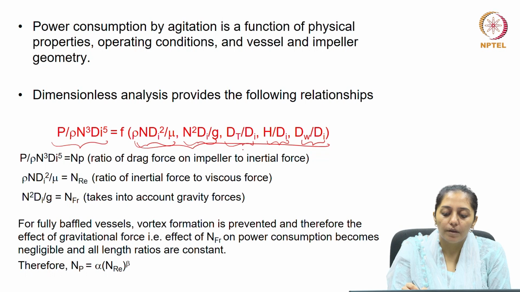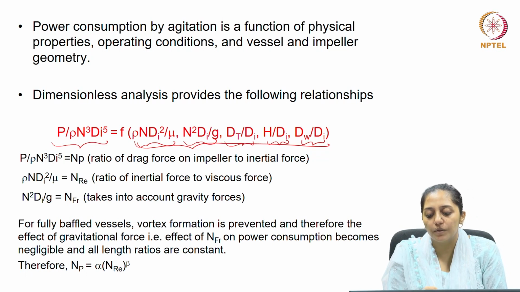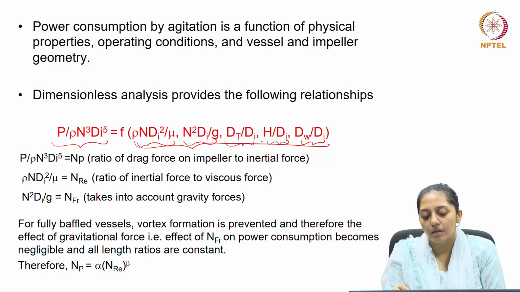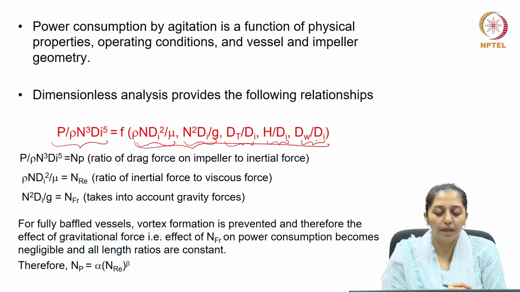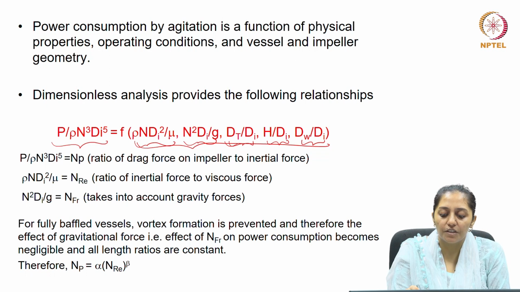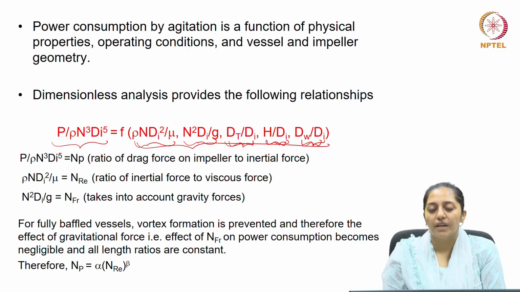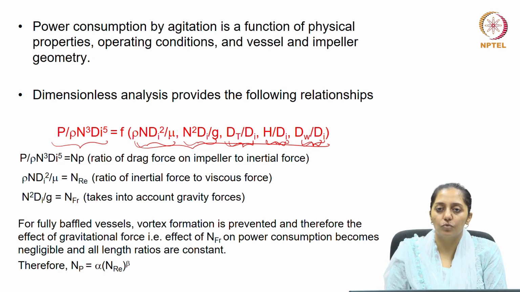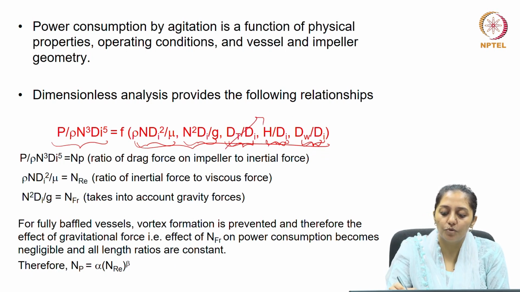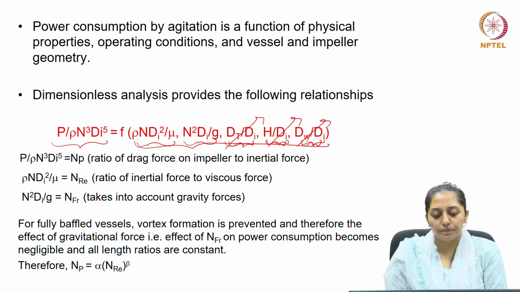So, now if you noticed, dt is the tank diameter, di is the impeller diameter, h is the height of the tank, and dw is the width of the impeller. These ratios, dt by di, h by di, dw by di, are generally governed by thumb rules and they can be assumed to be constant.